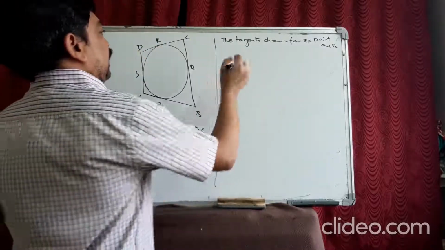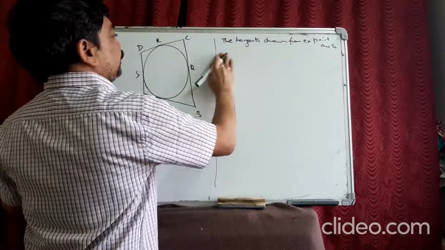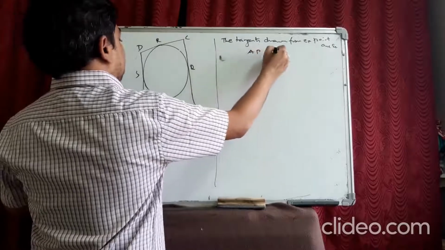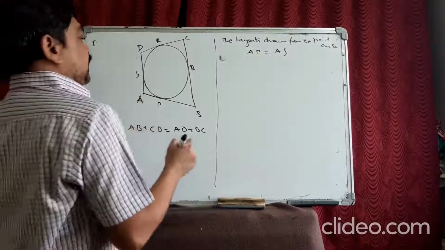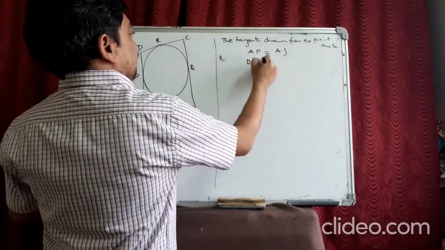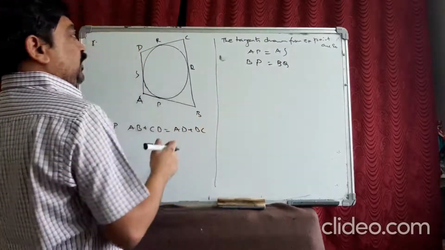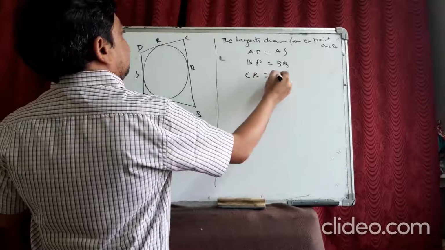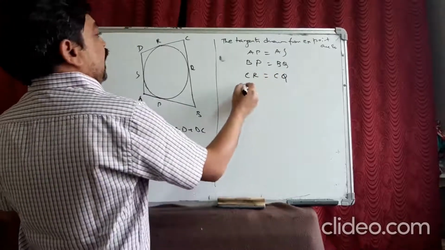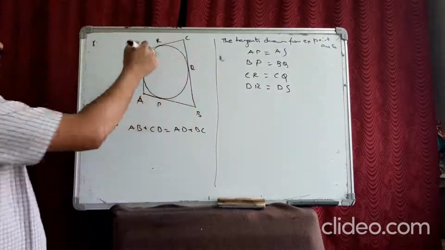See, AP is equal to AS because it is the tangent from A. In the same way, BP is equal to BQ. In the same way, CR is equal to CQ. Also, DR is equal to DS.